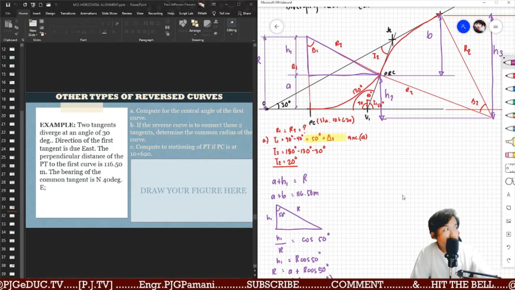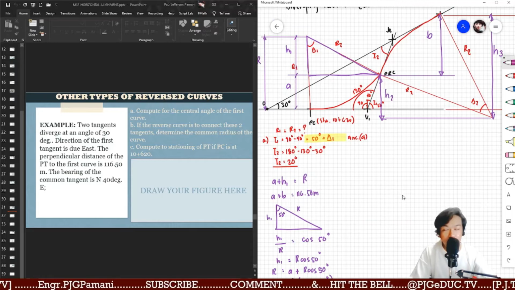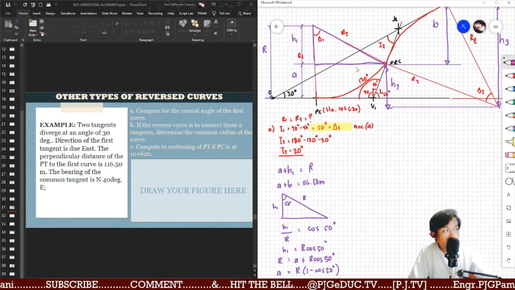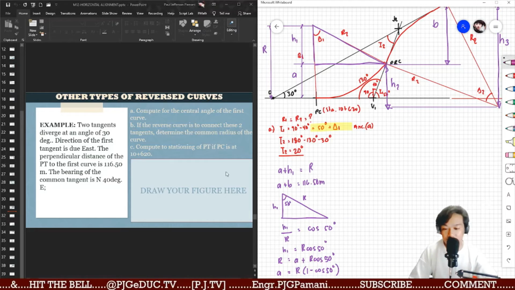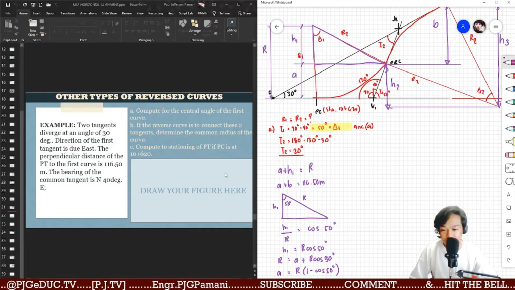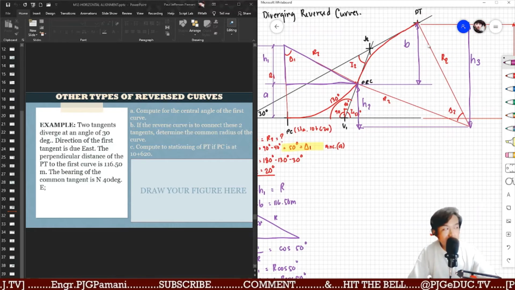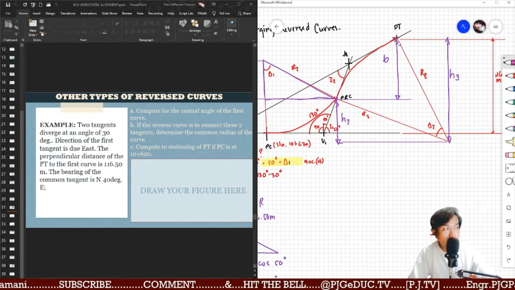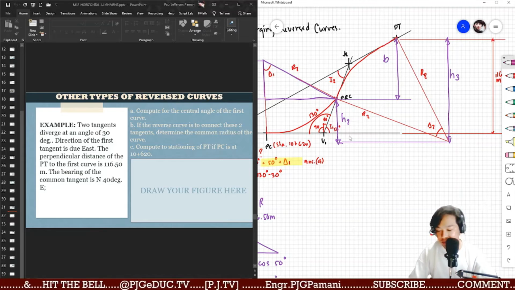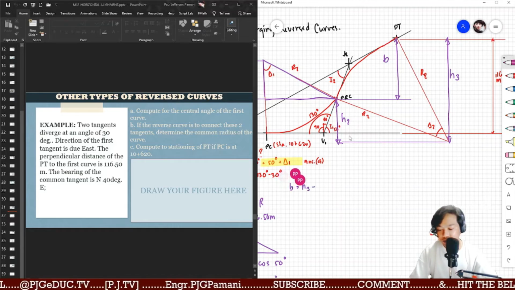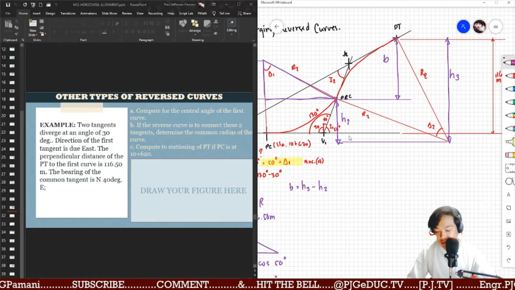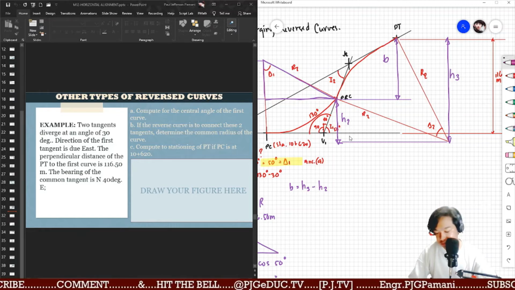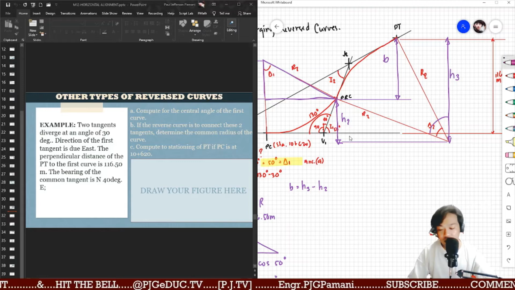Diba? Then, if we finally solve A plus B, we've solved A and B, or derive the equation for B, we can simply solve for the radius. Ngayon, kunin naman natin yung para sa B. Notice, B is simply equal to H3 minus H2. So, B is equal to H3 minus H2. Yeah? Where this triangle is the same as I1.